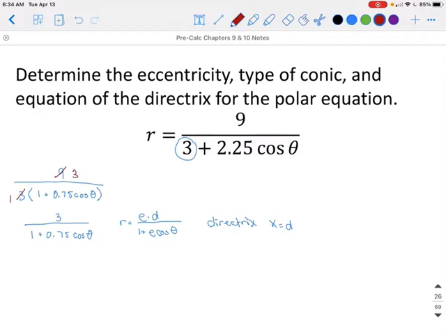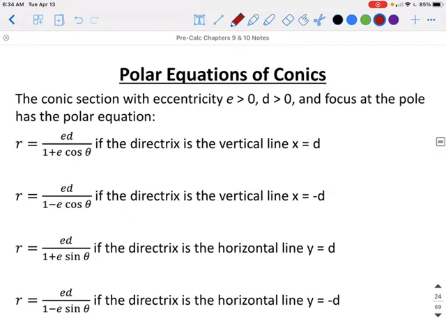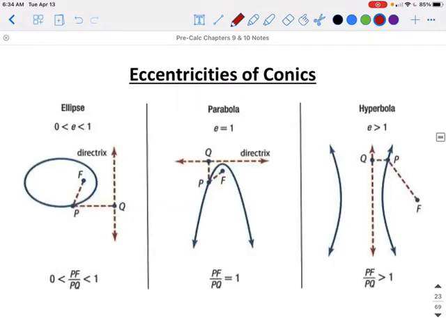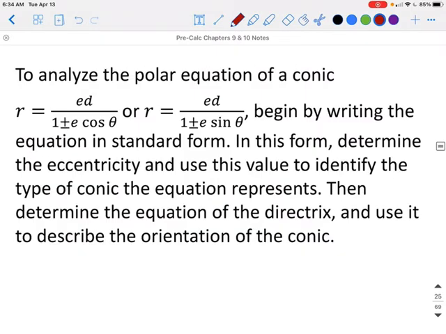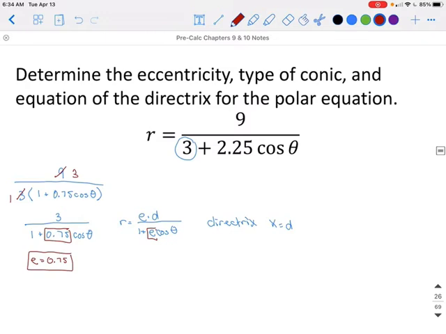If you notice in this form, the eccentricity, or the e value, is whatever is right in front of the cosine. So we know that our eccentricity of this conic section will be 0.75. If the eccentricity is 0.75, that means it's between 0 and 1, so this will be an ellipse.